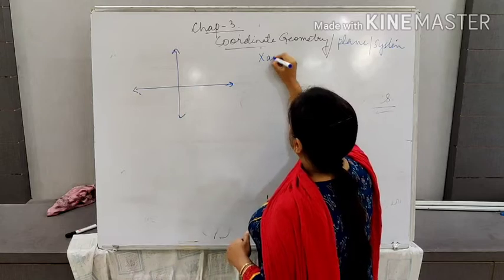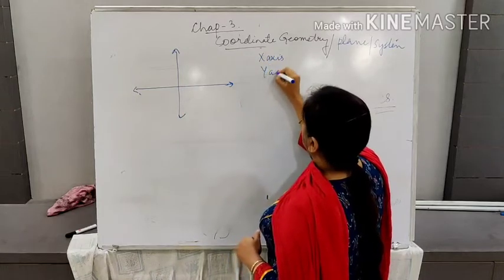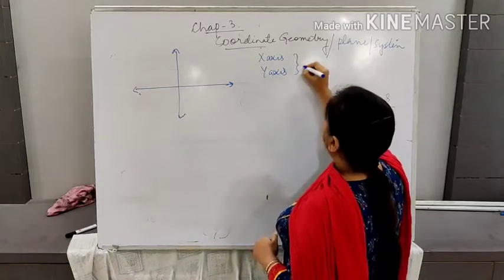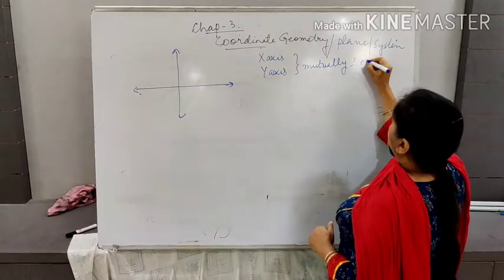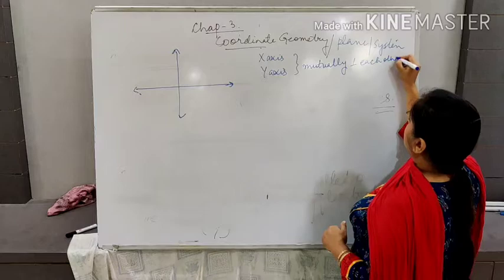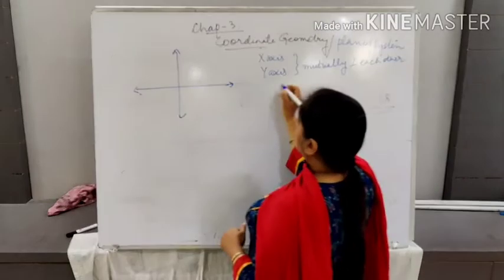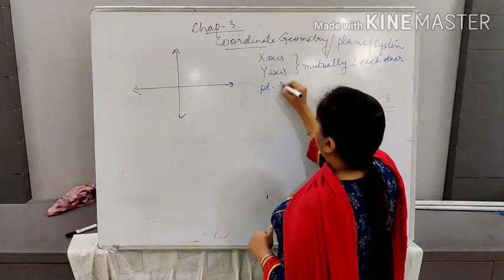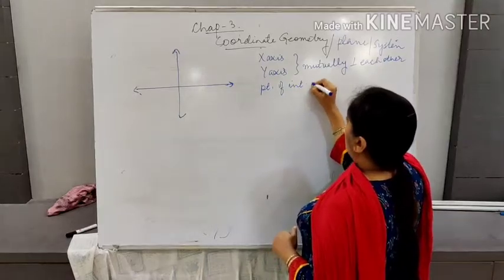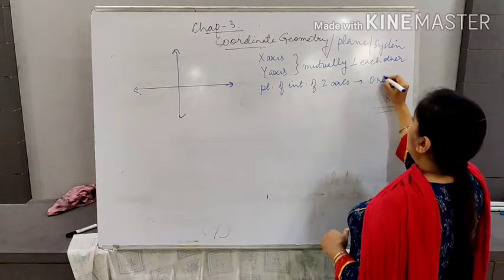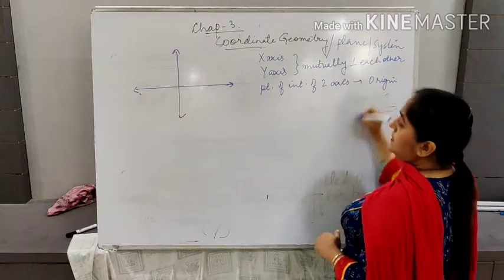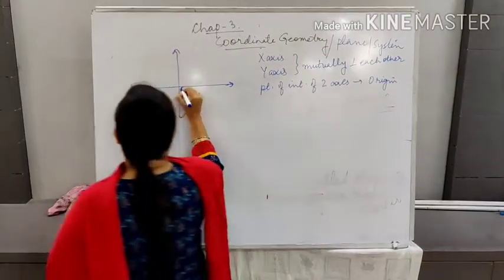One is the x-axis, the other one is the y-axis. That was the first point we discussed. Next was the point of intersection of the two axes is called the origin. Got it? So I will write here O.